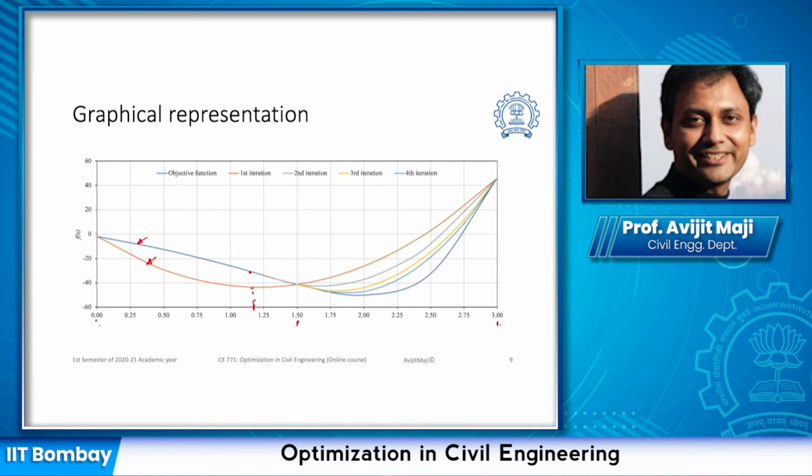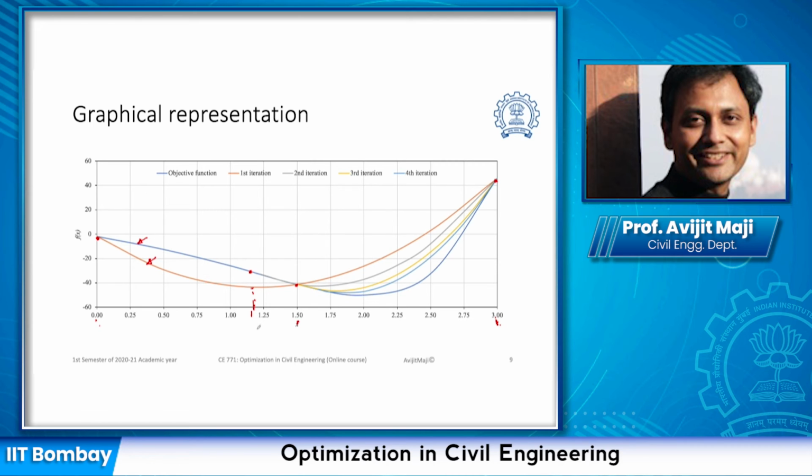So if we compare the objective function value of this point, this point, this point, and this point, we can clearly see that the best objective function value still we have at this 1.5, and if we want to bracket this point, we can bracket it by this point and this point, which is 3 and 1.216.